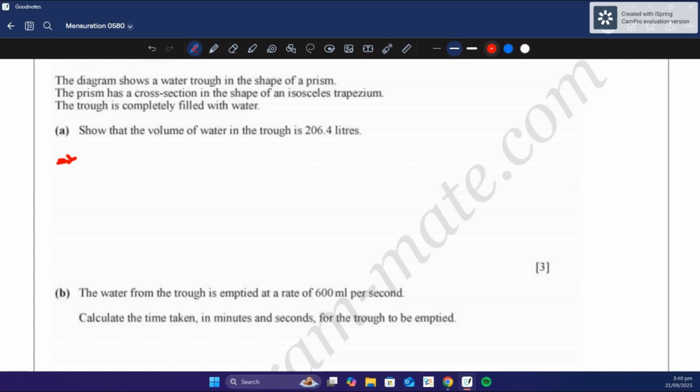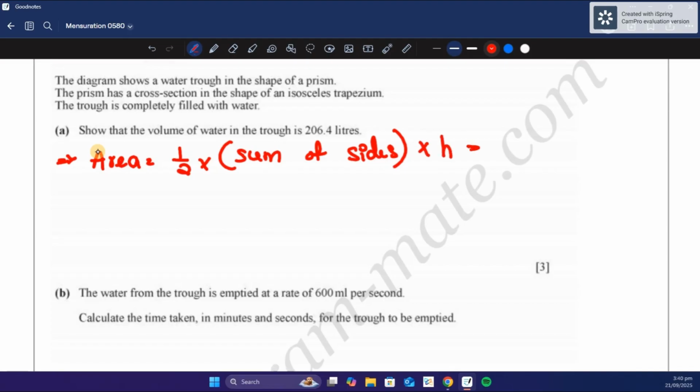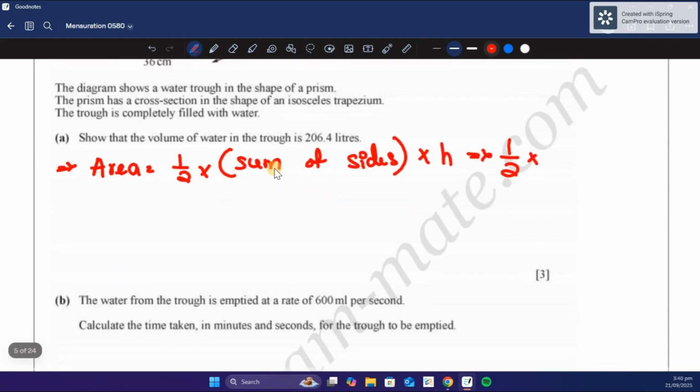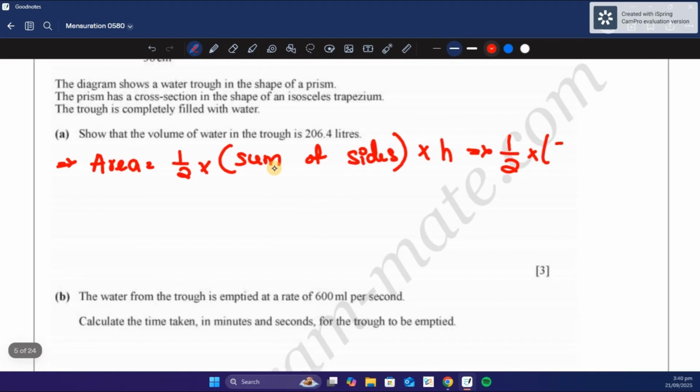So that would mean area is equal to 1 over 2 into the sum of sides into height. Alright, that would give us 1 over 2 into 50 plus 36, this is the sum of sides, into 40.